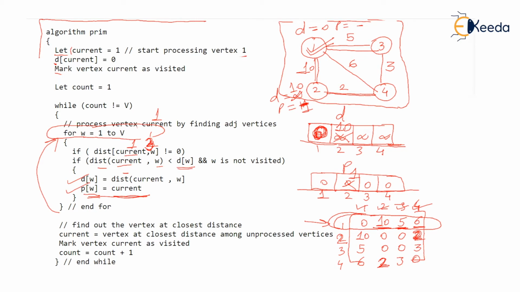D3 is infinity, and also the third vertex, W is 3, is not yet visited. So it's time to update D3. D3 will be 5, the distance between 1 and 3, and P3 will be 1. Similarly, the fourth vertex also will be updated: D4 is 6 and P4 is 1. By the way, the for loop has checked all the columns in the matrix, isn't it?